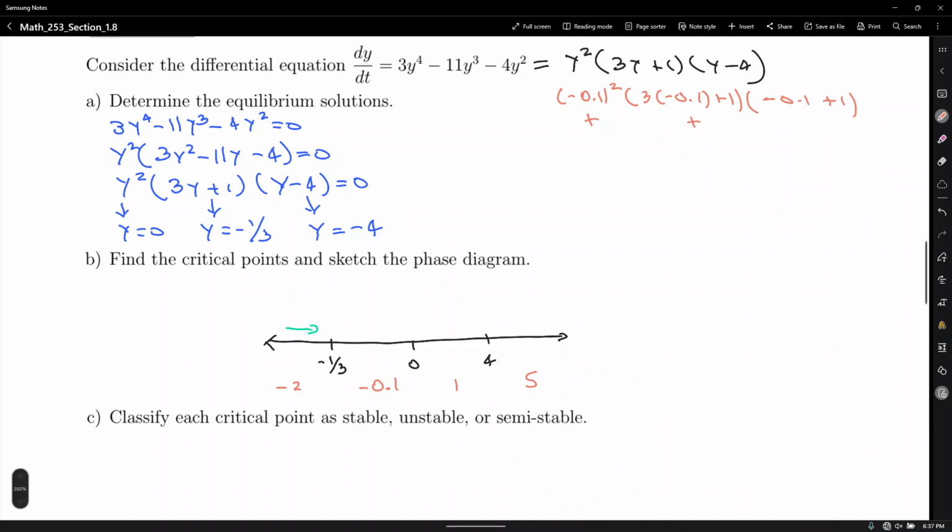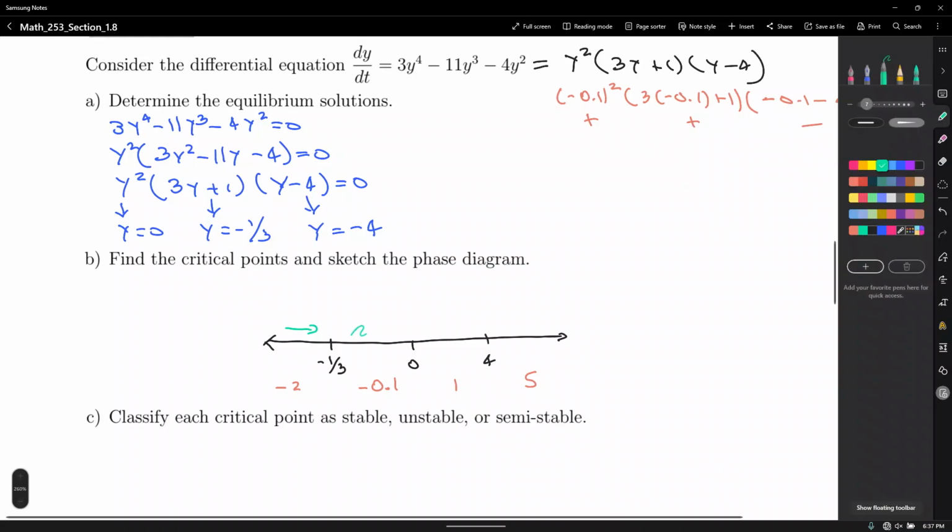Let me double check the work here. Silly mistake: this should have been a minus 4, not plus 1. So that factor is negative. Positive times positive is positive, times a negative is negative. So that gets represented with an arrow pointing towards the left.